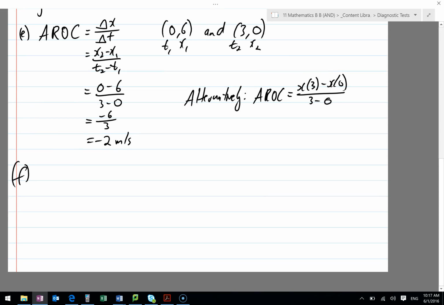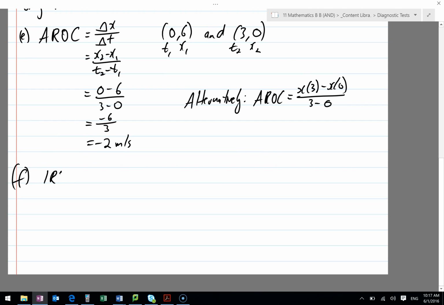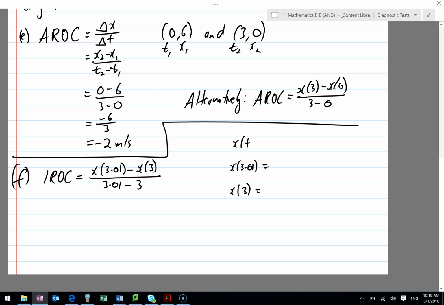So for part F, I'm going to find the instantaneous rate of change, which will be 2 points really close to one another. I'm going to need to find what x of 3.01 is, and what x of 3 is, using the formula provided, which is t cubed minus 2t squared minus 5t plus 6.